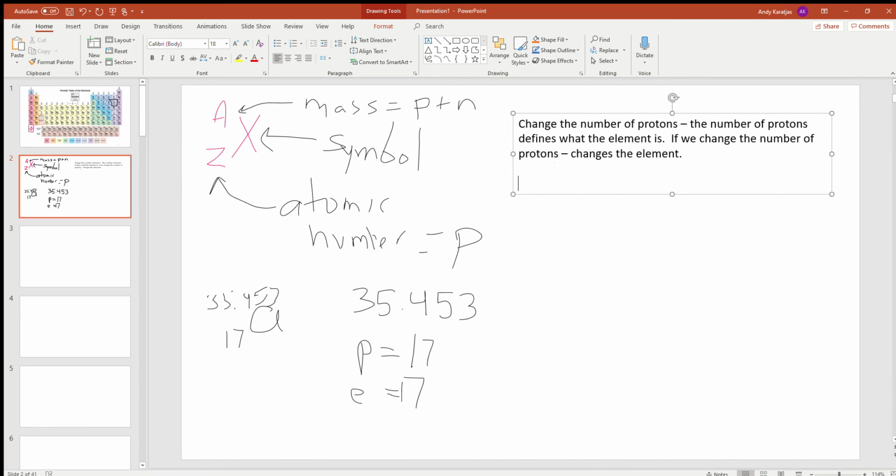That's our first one. What if we change the number of electrons? This doesn't change what the element is. This gives us an ion. An ion is a charged species.